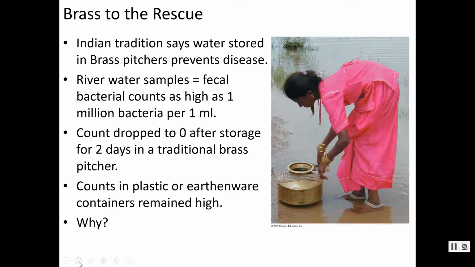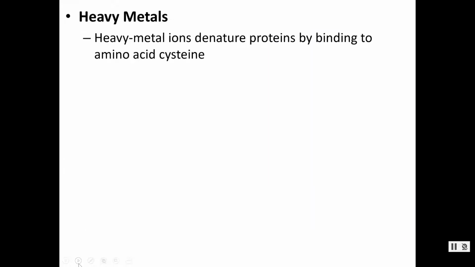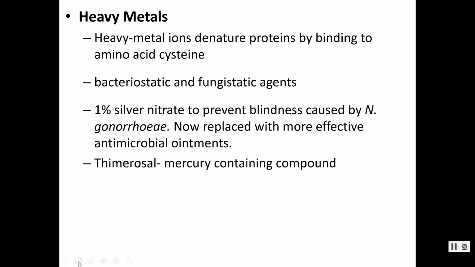All right, so why were they correct? What is going on with this? The reason it's correct is that heavy metals actually have a low level of bactericidal, bacteriostatic, fungistatic properties.